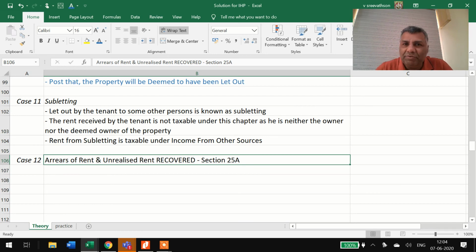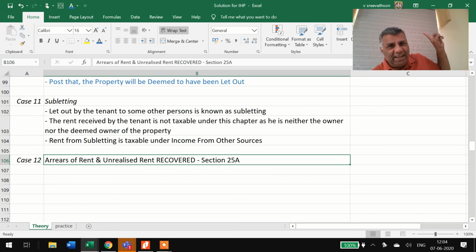My dear friends, it is an increase of rent with a retrospective effect. Today, 7th June 2020, the house owner comes to you and tells you that he is increasing the rent by 2,000 per month, not from July, but from 1st January 2020.